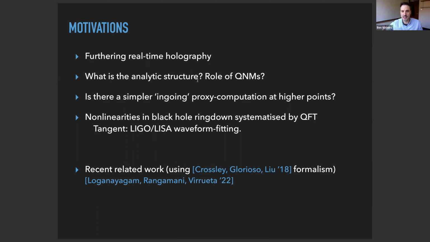Does that universality of black hole ring down appear in higher point functions in quantum field theories? So what is the analytic structure of these 3-point functions? And do quasi-normal modes appear? Again, related to the previous questions, is there a simpler ingoing proxy type computation a la Son and Starinets for 3 and higher point functions? And we'll see that there is.